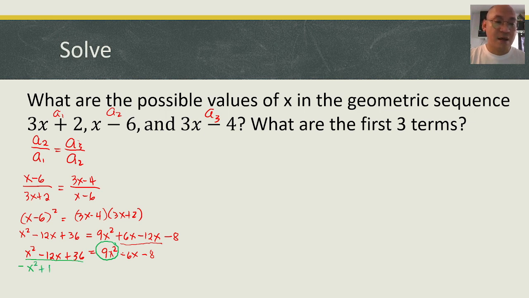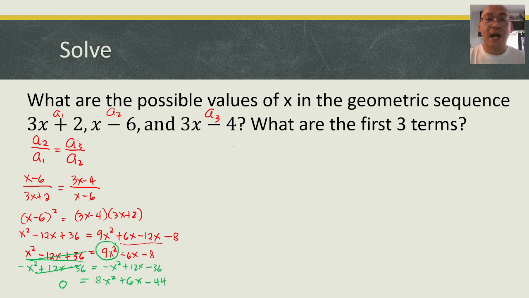Negative x squared, positive 12x minus 36. On the other side also, negative x squared plus 12x minus 36. So this one will become 0. On the other side, we have 8x squared plus 6x minus 44.